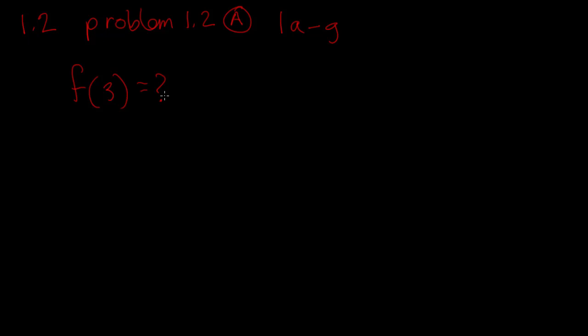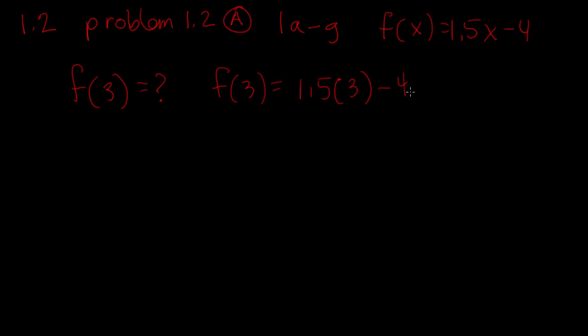Let me get the equation back up here, f of x is equal to 1.5x minus 4. So if f of 3 is what we're testing, then we simply take f of 3 is equal to 1.5 times 3 minus 4.